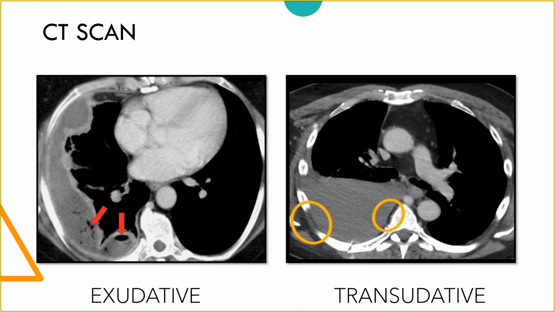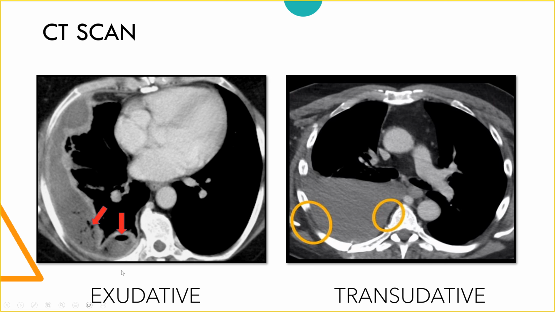So for a CT scan, we can identify the transudative and exudative causes by looking at the CT scan. In transudative causes, the pleural effusion collects in the dependent region following gravity.